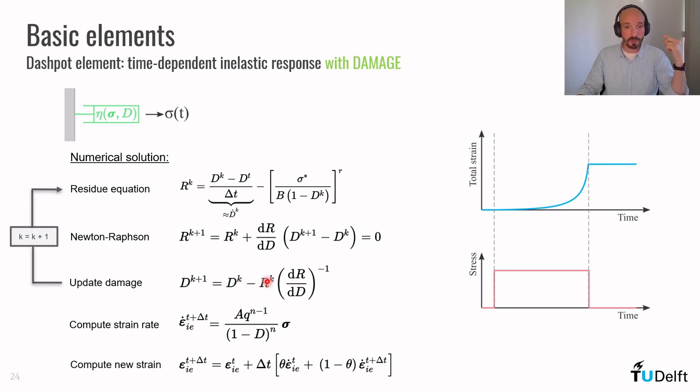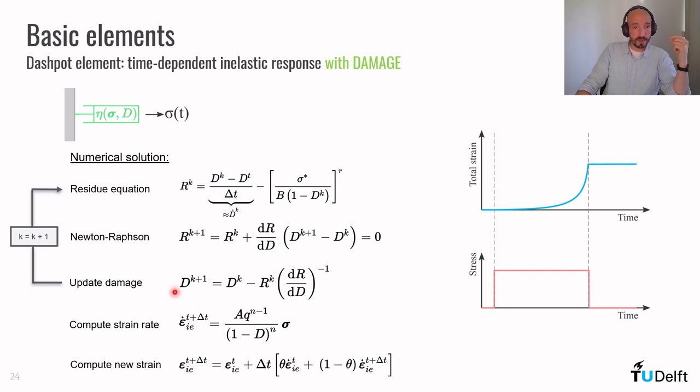I know the residue at the previous iteration, which is this expression here. The derivative of this expression with respect to d, we can calculate by hand analytically, or we can use finite difference.